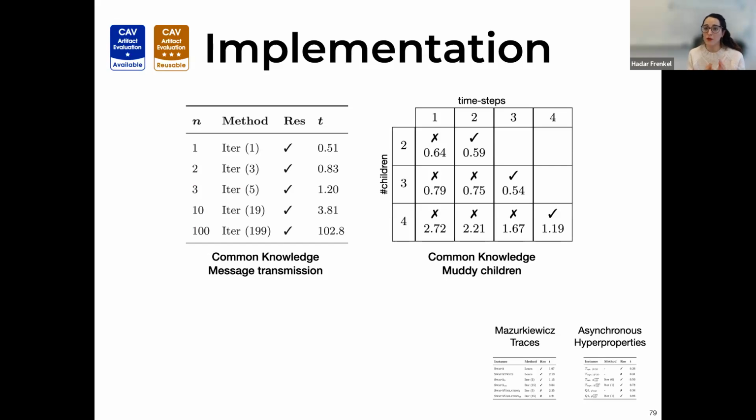Depending on what size of traces you begin with, so how long you postpone the sending of the message, it takes us longer to prove that common knowledge holds. So these are the ns here, how far we delayed the message. And indeed, we were able to prove that common knowledge holds on all of these examples. So we were able to reach the fixed point and prove on it.